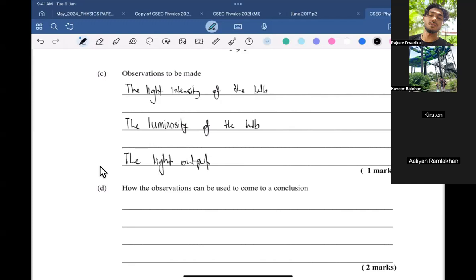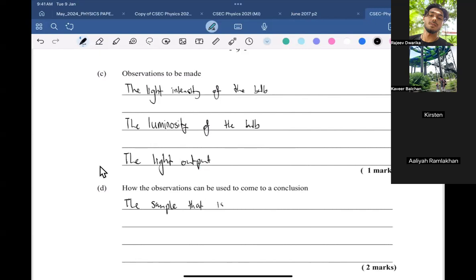And Justin, how would the observations be used to come to a conclusion? How would I know which one is the best conductor? In the end, the one that is the best conductor, the light will be the brightest. Right.